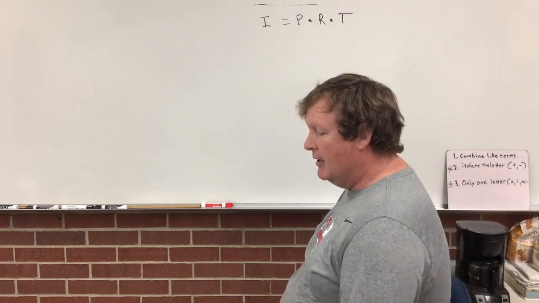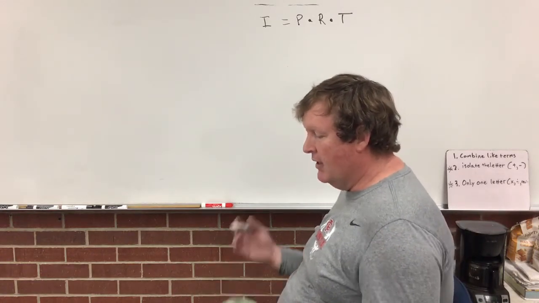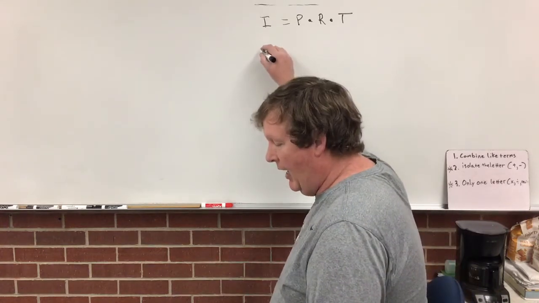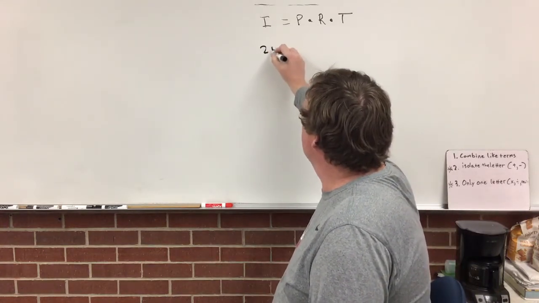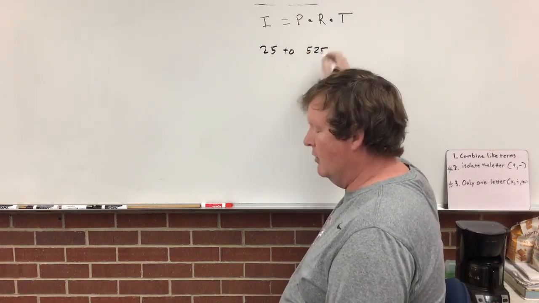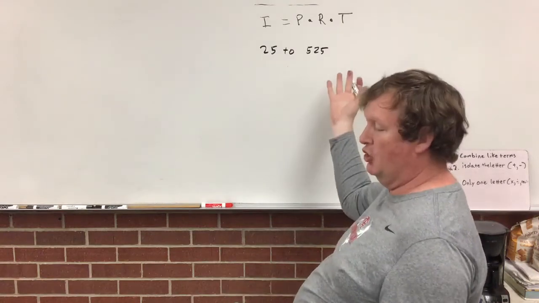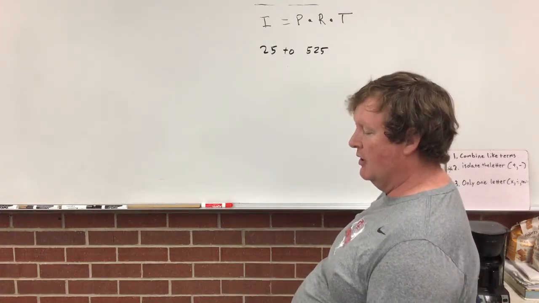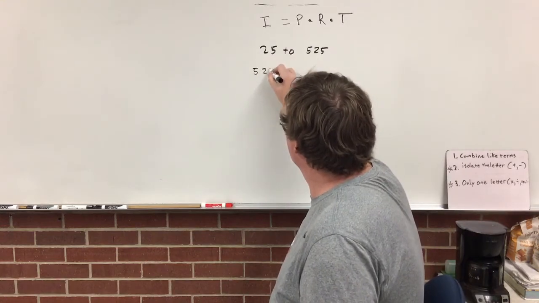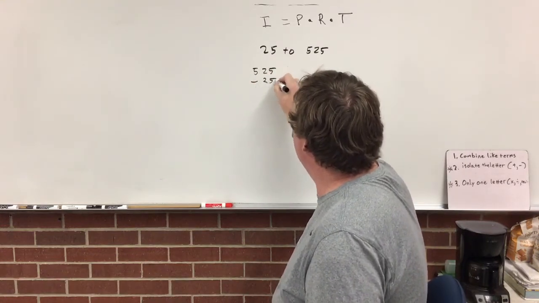All right, number 17. So this one's about an increase or decrease. Once again, we have $25 is increased to $525. What was the percent of increase? This is just like the percent increase or decrease that we did on the last three. So we set it up like this. You take 525 minus 25.